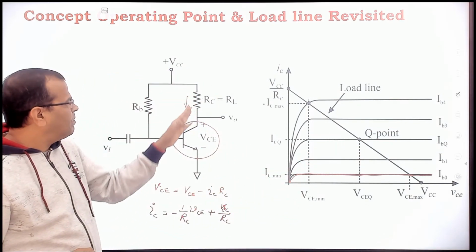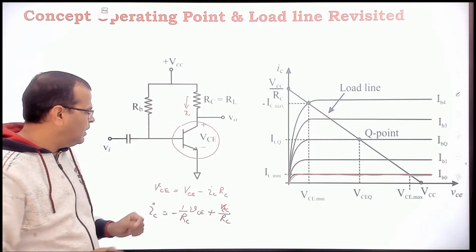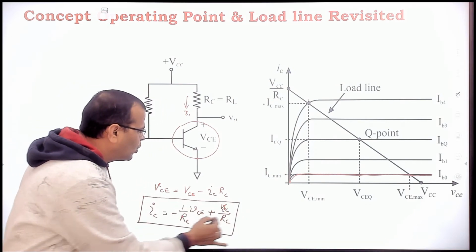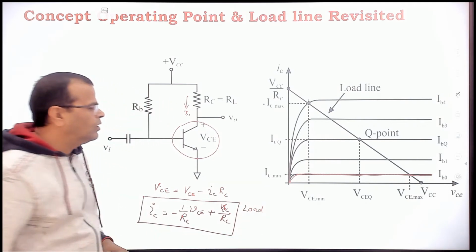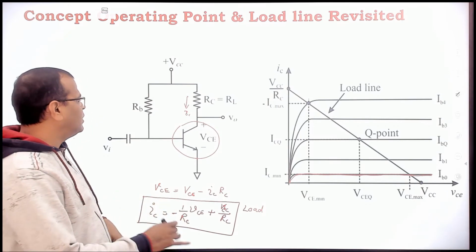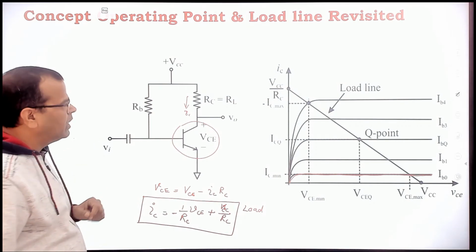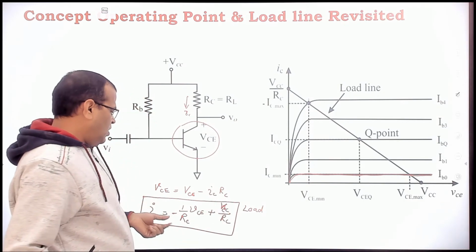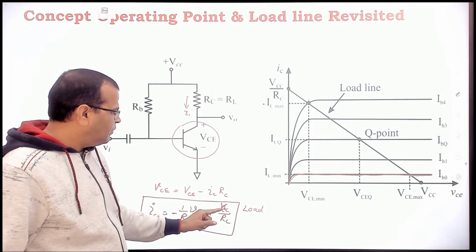Now, if you write the mathematical expression of current IC in terms of voltage VCE, this equation is known as the load line. Even though I have discussed this in detail in my different topics on BJT amplifiers, you should remember this equation represents a load line. Fine. So if you draw this line, when voltage VCE is 0, what is IC? That is VCC upon RC.